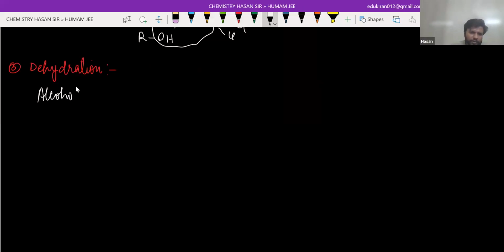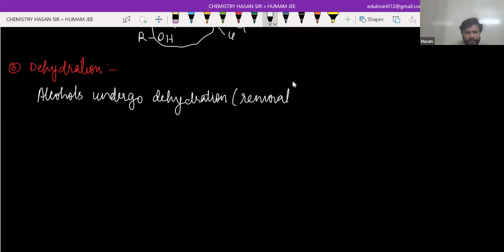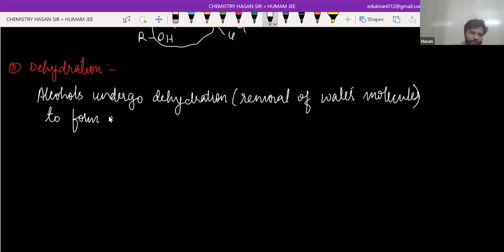That means alcohols undergo dehydration, the removal of a molecule of water, to form alkenes. We prepared alcohol from alkene. Now we are going to remove water from alcohol to make it alkene.